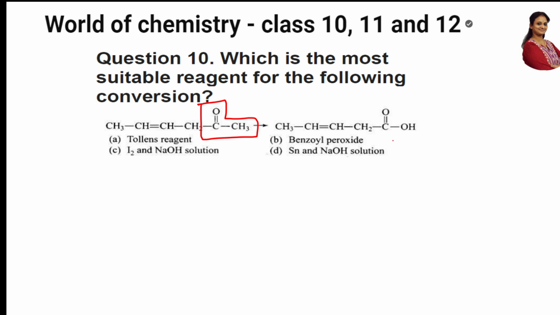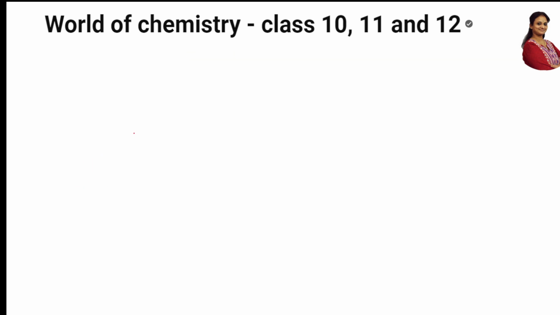Okay. Here what is happening? This got converted to carboxylic acid. Correct. Now methyl ketones show which type of reactions, students? Yes, iodoform reactions. Correct. Iodoform reaction, remember? Write this reaction, just check.